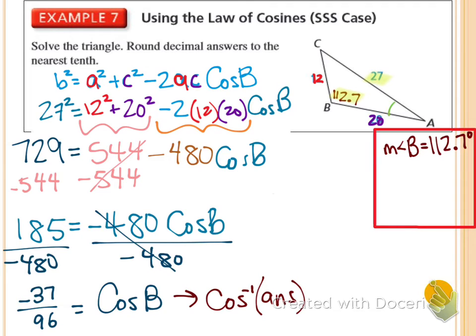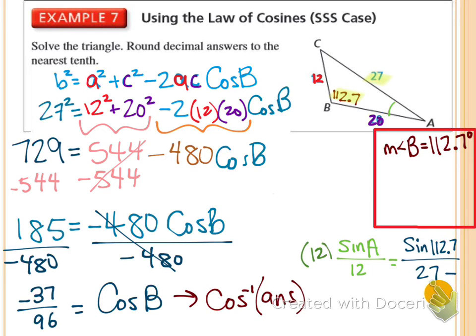A, sounds good. So sine of angle A is what we're looking for, over side A, which is 12. And we want to use our known pair. So sine angle B is 112.7 over 27. So then what do we do?